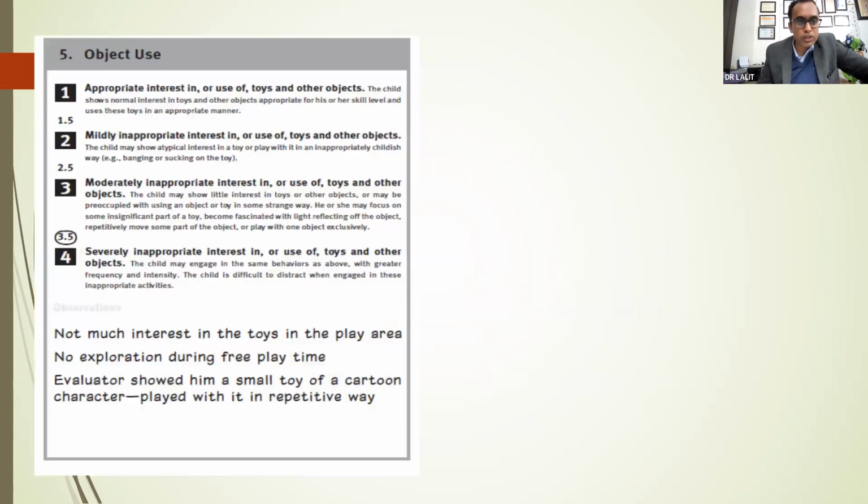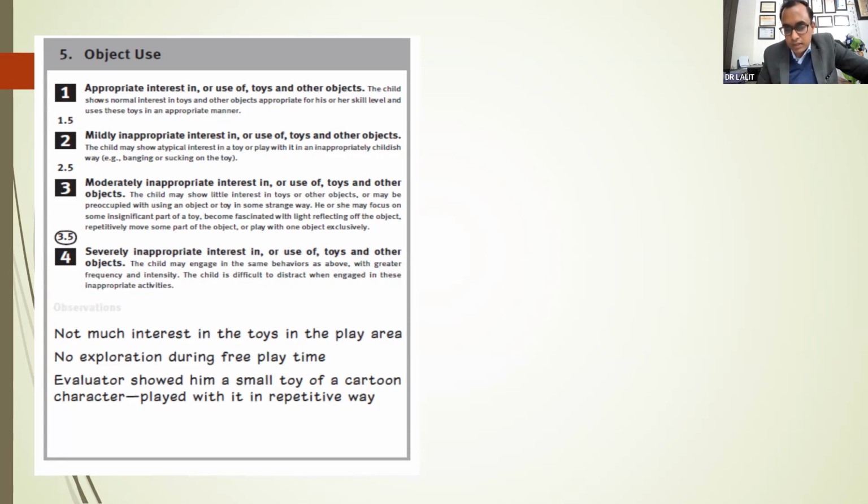So for this particular child, for the object use, there was not much interest in the toys in the play area. That means there was no interest, there was no proper use of the objects. He doesn't know how, and there was no interest at all in playing with the toys. No exploration during the free play time. The evaluator showed him a small toy of a cartoon character, and he played with it in a repetitive way.